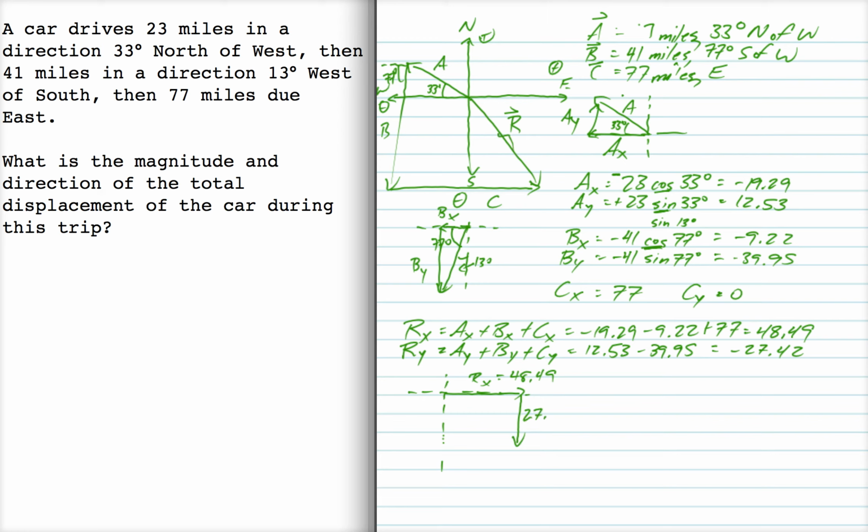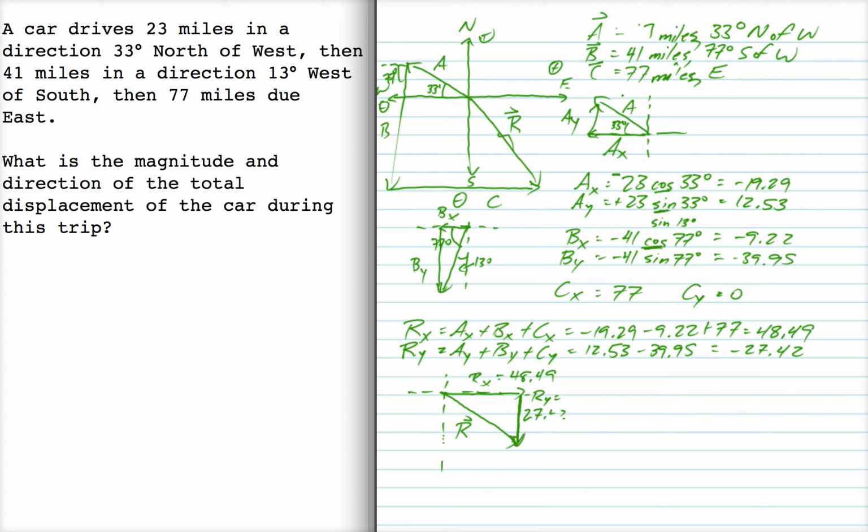And the y component is 27.42. Now notice I didn't make the y component negative 27.42, because the fact that it's negative is indicated by the fact that it points down like this.